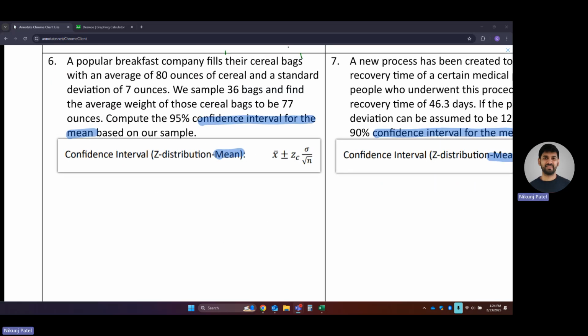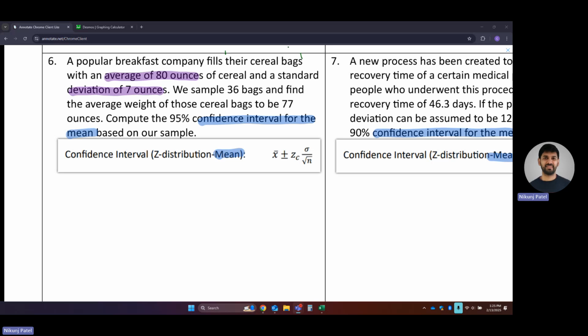Let's do number 6. This one is a confidence interval about the mean. It says that a popular breakfast company fills their cereal bags with an average of 80 ounces. That's important. And it also says a standard deviation of 7 ounces. So I'm going to start to write these values down as we go through the problem.